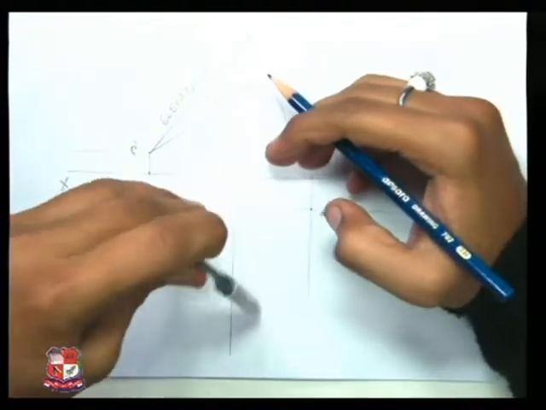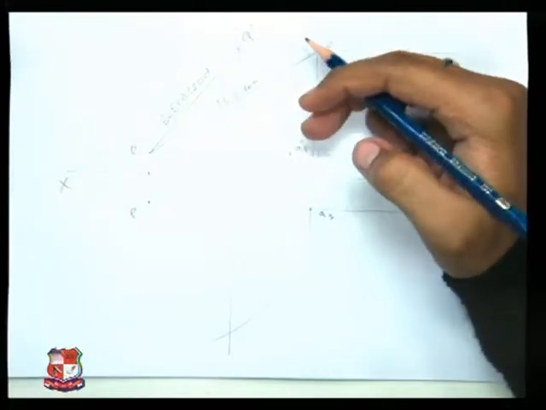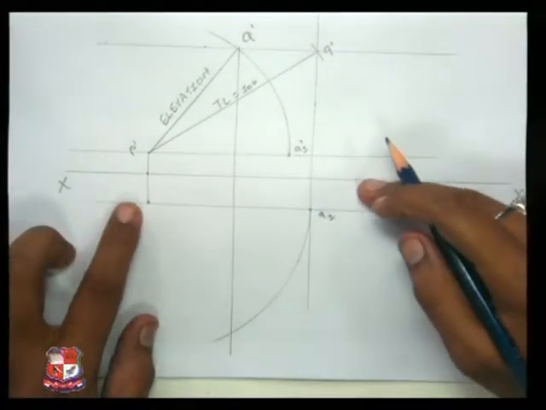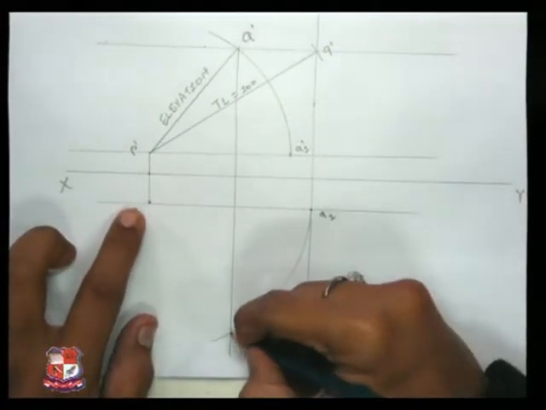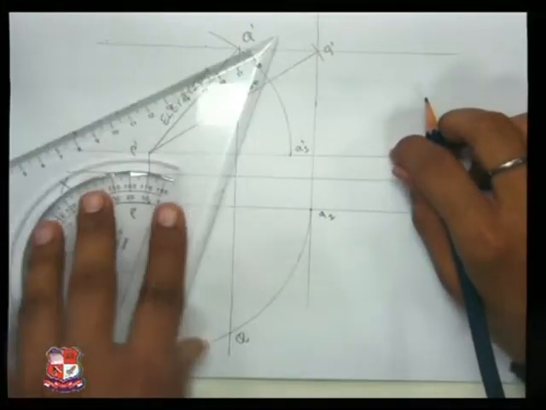We take PQ1 as radius and P as center, and we get this capital Q, which is our plan.